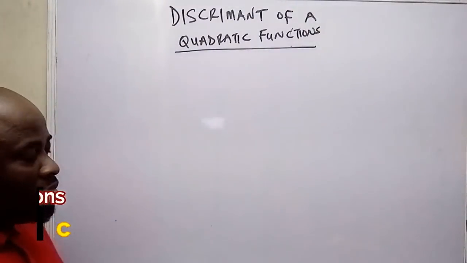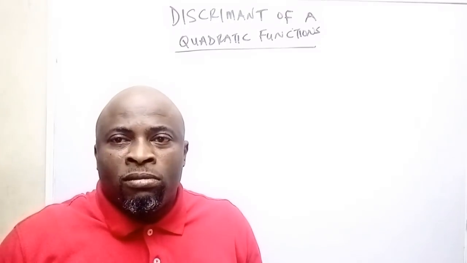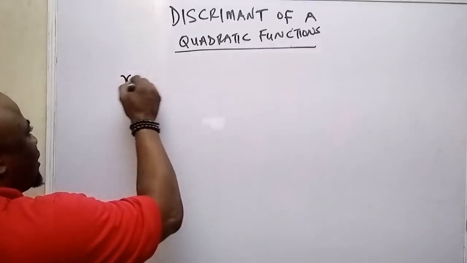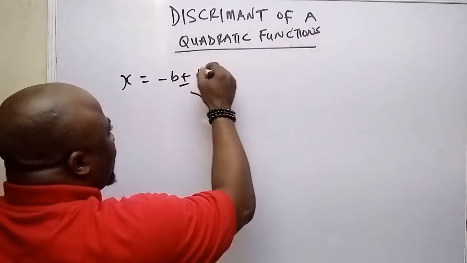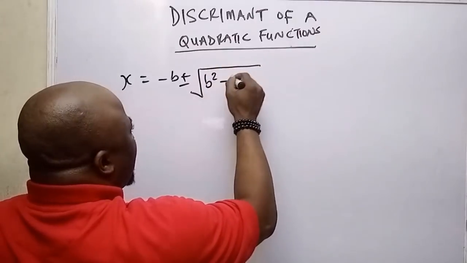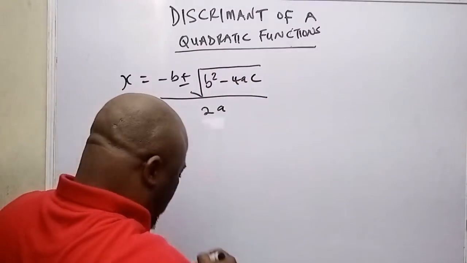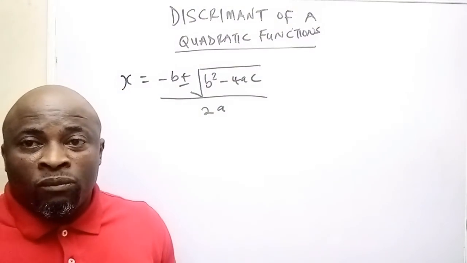Now, we all know our general formula for quadratic functions. The general formula is x equals minus b plus or minus square root of b squared minus 4ac, all over 2a. This is our general formula that we all know.